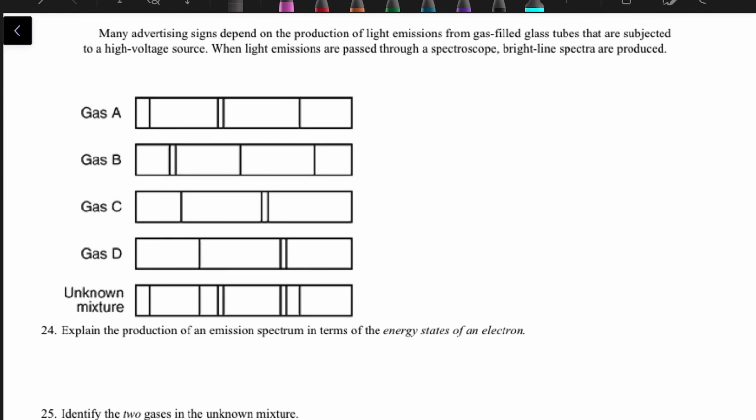Number 24, explain in terms of production of emission spectrum in terms of energy states of an electron. So when you need to write here, I don't care about how the electron gets excited.